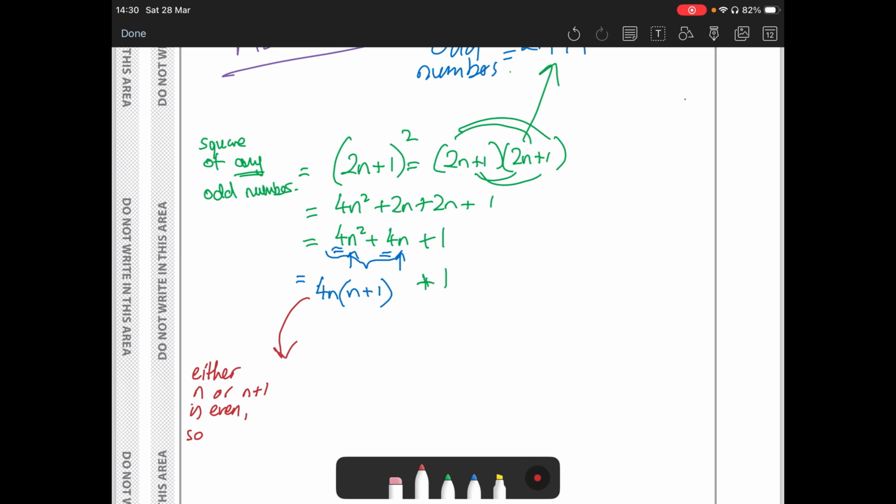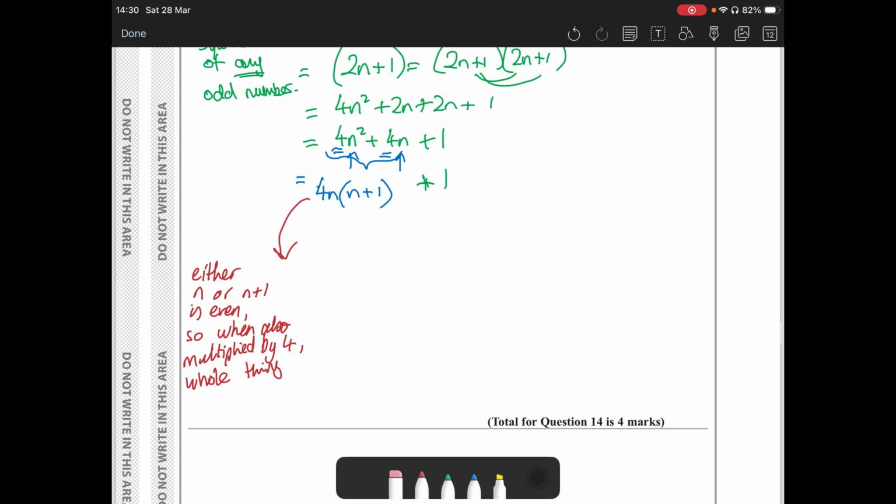So when also multiplied by 4, the whole thing, actually I want to use technical words, the whole expression will be a multiple of 8. So what do I mean by this?